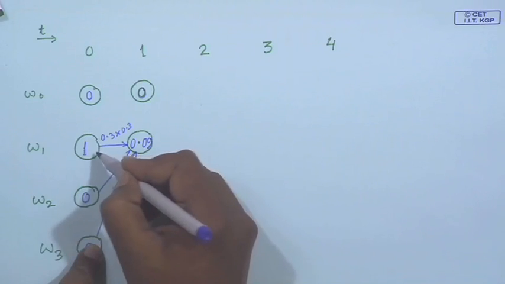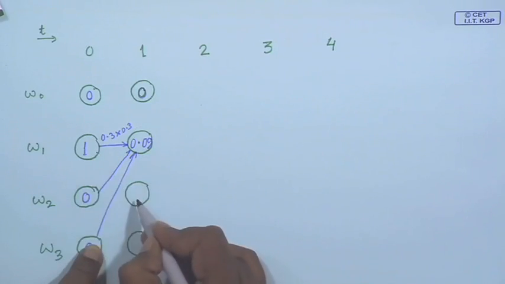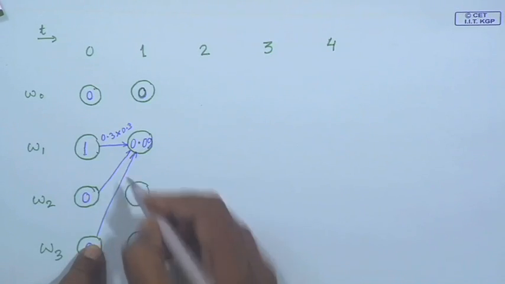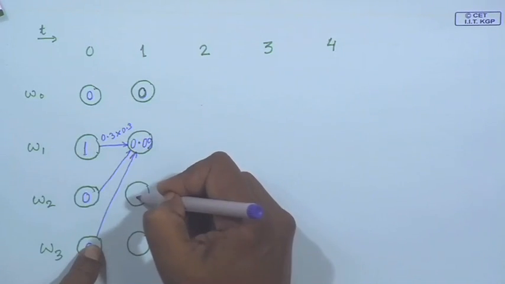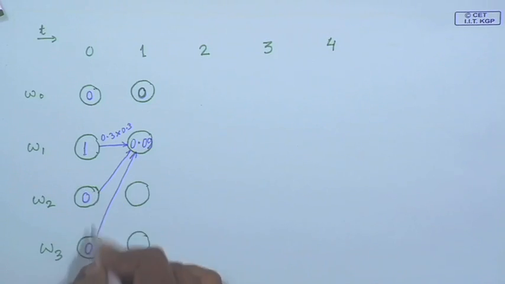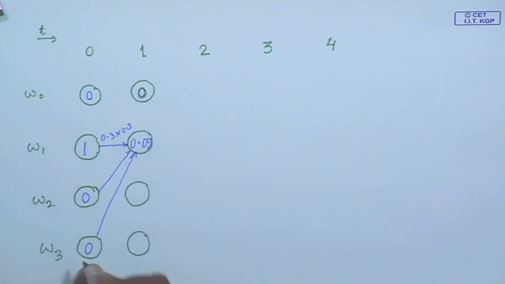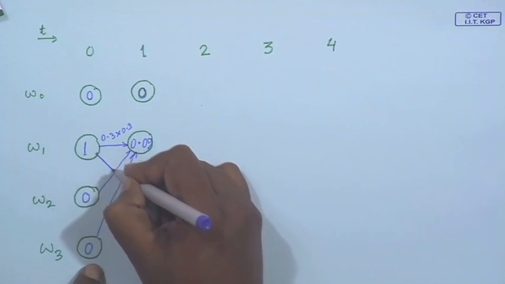In the same manner, here what I have is the transition probability a 1 2 from omega 1 to omega 2. The contribution of these two to this will be equal to 0, because alpha 0 2 is 0 and alpha 0 3 is 0. So, the contribution from this to this is 0. I will have only the contribution from here to here.